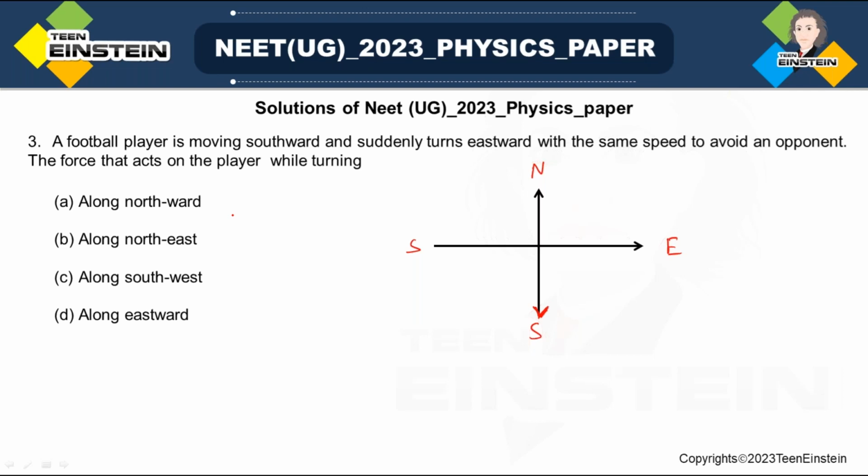Then he turns suddenly in the eastward direction. That means in this direction. The question is, the force acting on the player while turning.